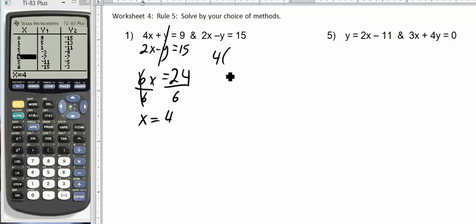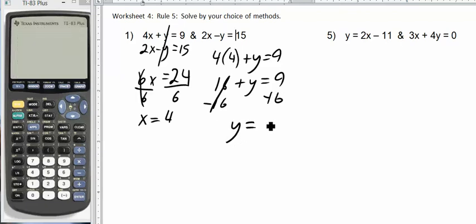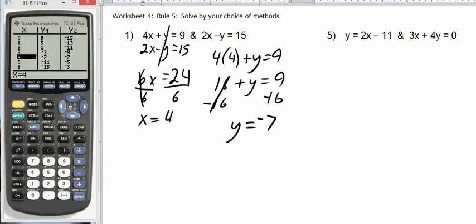So we have 4 times whatever x is, which is 4, plus y equals 9. So 16 plus y equals 9. Subtract 16 from both sides. We get y equals negative 7. And that was the same answer we got here, negative 7.